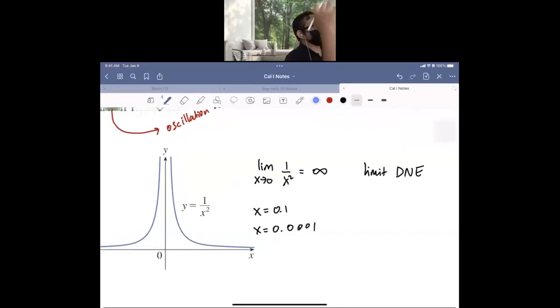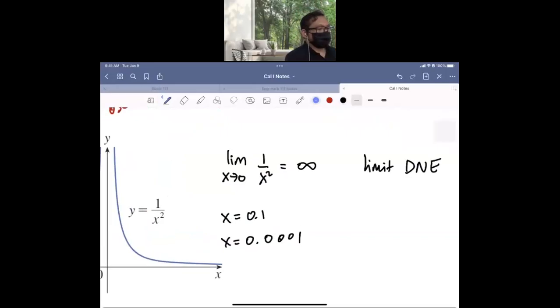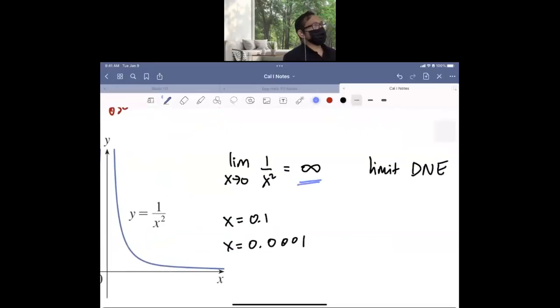But then sometimes your mind struggles. Oh, but this is infinity. The limit is infinity. But here's the deal. The infinity symbol is a concept or idea, not a number.